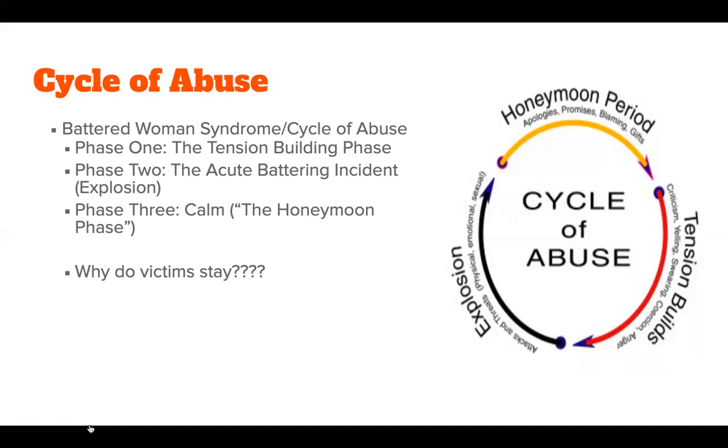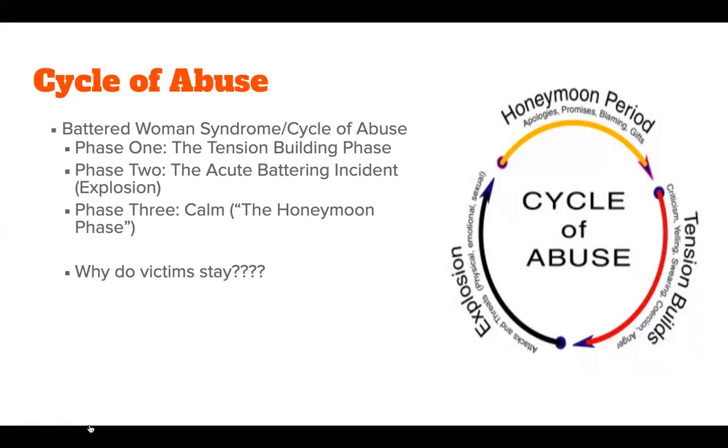And people are like, why do people stay? And it's a very complicated question. There are issues of dependence, both emotional and financial. Oftentimes people still love their abusers. They hope that they'll change. They blame themselves. They've been isolated from family members and other loved ones.